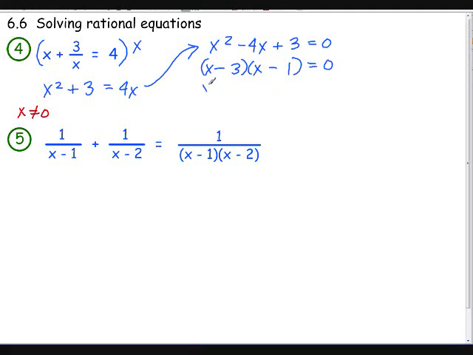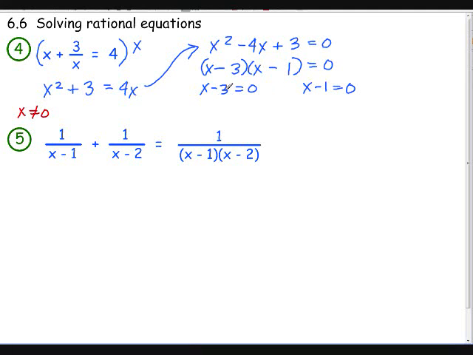So we're going to have x minus 3 equals 0, and x minus 1 equals 0. Those are our mini equations. Remember that the zero product property tells us that if you're multiplying two things together and they equal 0, then one or both of these must also equal 0.